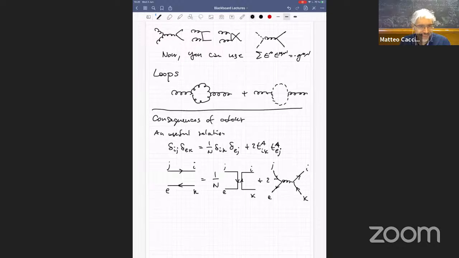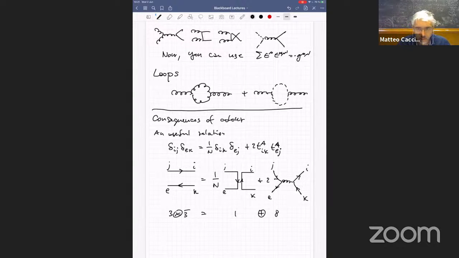So this is essentially the statement of a tensor product decomposition: 3 times 3 bar is equal to 1 plus 8. A decomposition of the indices.